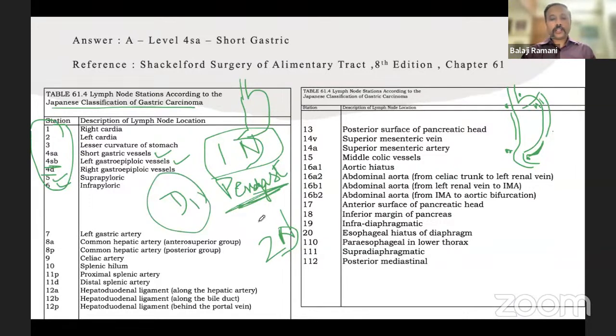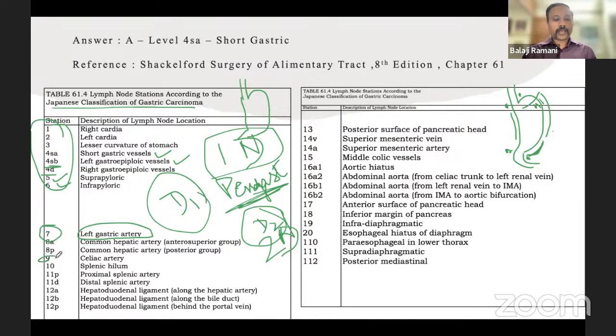So what is the D2 node dissection? That is where the nodes along the major blood vessels are concerned. They are all going to be along the branches of the celiac artery and its major vessels. The 7, a favorite of the examiners, is going to be your left gastric artery.